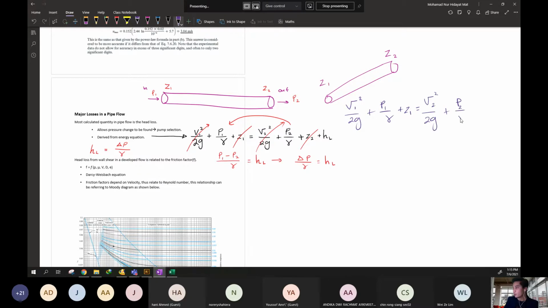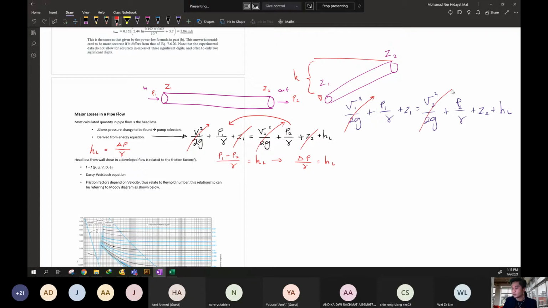When we have the height, let's put it this way: this is our reference point and this is H.